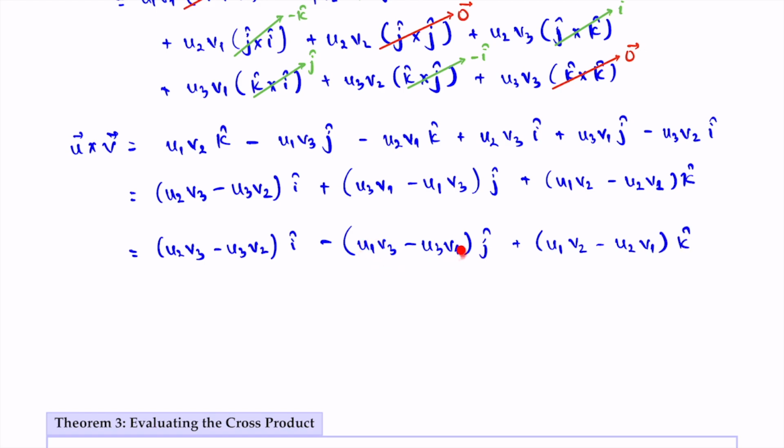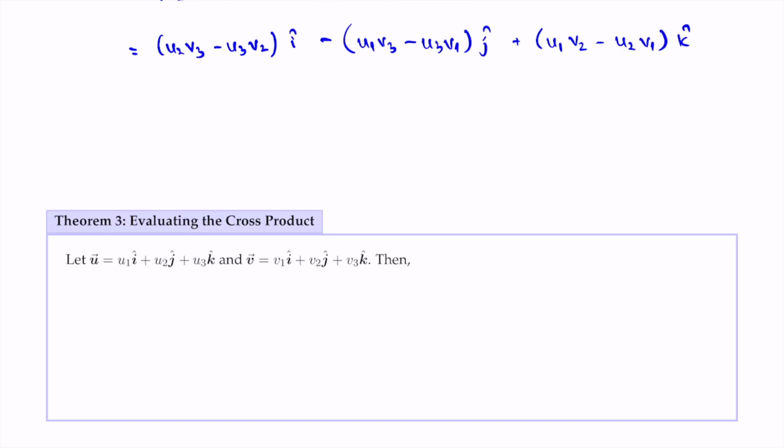By pulling out the negative for the middle term, this allows us to turn this into something called the determinant of a matrix, which allows us to calculate the cross product between the two vectors a lot easier than just memorizing the formula.